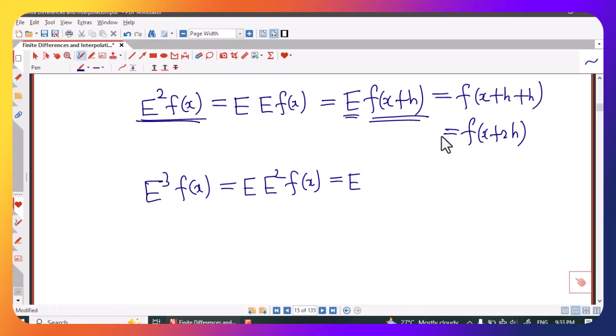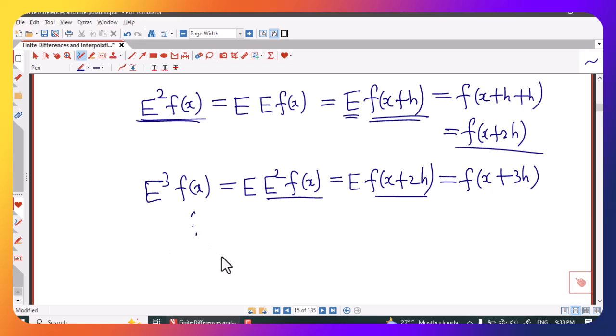Using this we can write E to the power 2 f(x) is f of x plus 2h, and here we are again applying shift operator. So I will have x plus 2h plus h, that is x plus 3h. So in general, E to the power k f(x) can be written as f of x plus k times h.